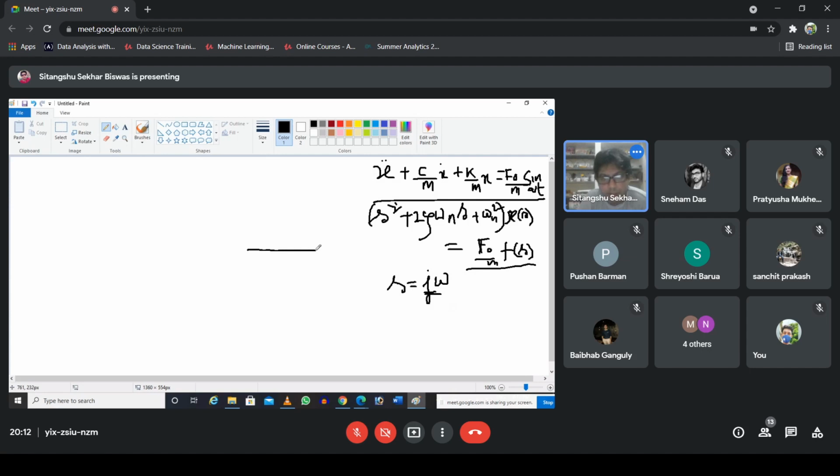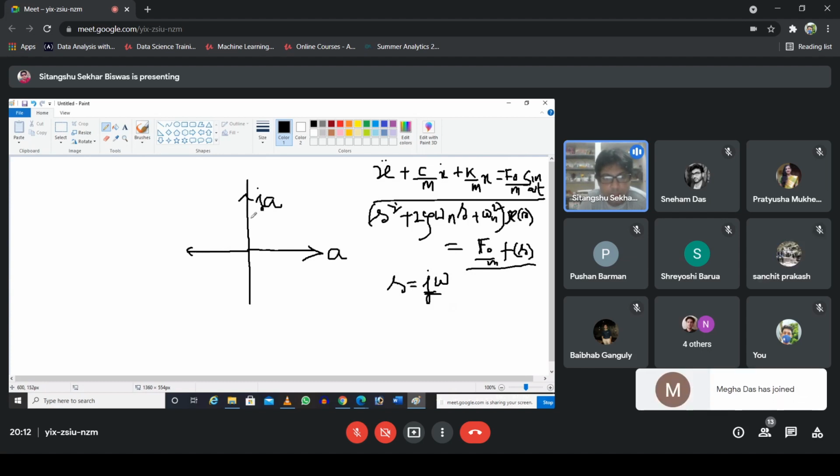Now let me conceptualize what will happen if that imaginary part is multiplied with a vector. If a is a vector and you multiply with j, this j a will be lying on this axis.